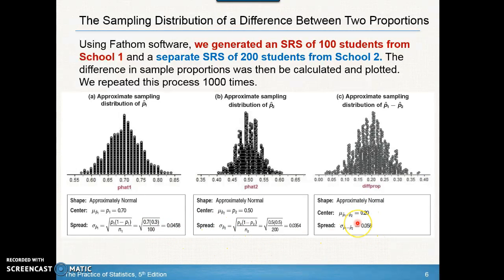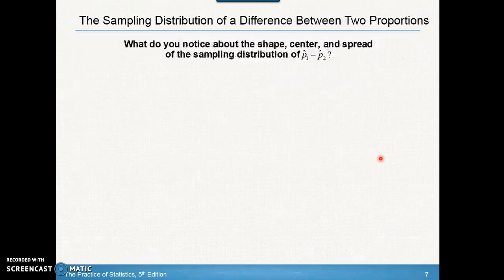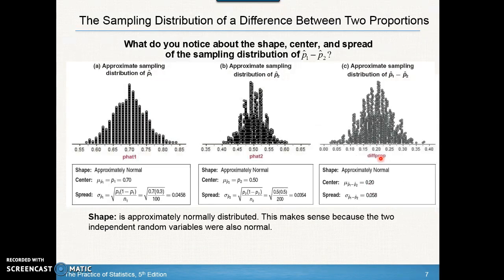Basically, I took every single sample and subtracted them from each other to get this new sampling distribution. This has 1,000 outcomes, this has 1,000 outcomes, and this also has 1,000 outcomes. So what do you notice about the center, shape and spread of the sampling distribution of p hat 1 minus p hat 2?